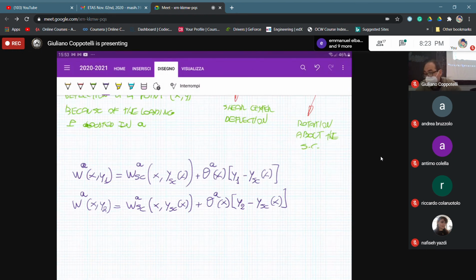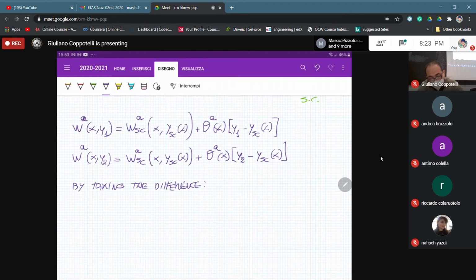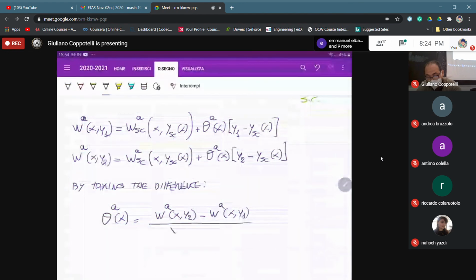Now, if we take the difference between these two expressions, what we got is that the section rotation could be written in terms of these two displacements, WA x y1 and WA x y2. So theta A of x is equal to WA x y2 negative WA x y1 divided by y2 negative y1.